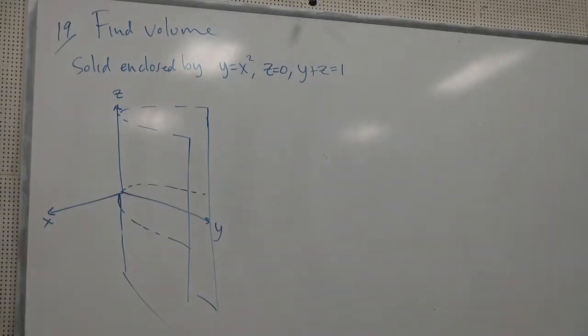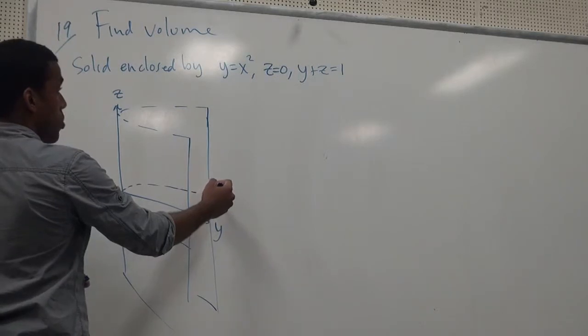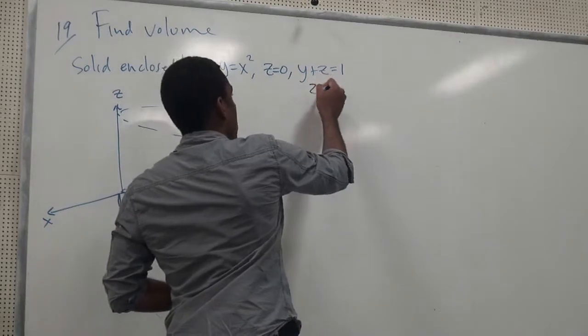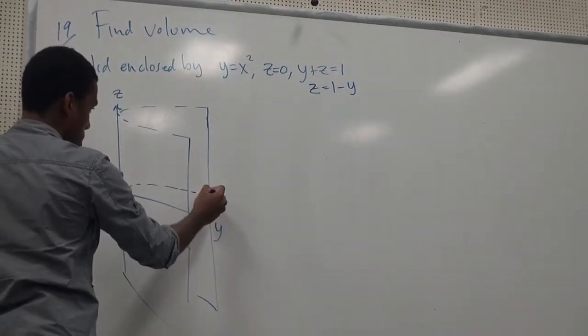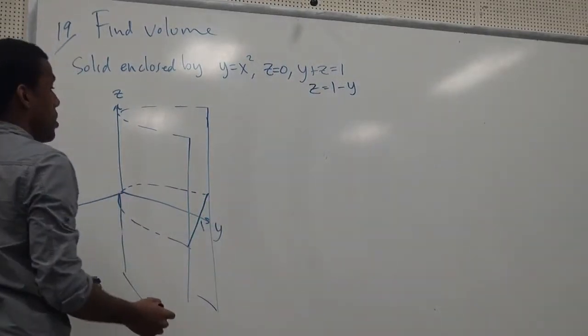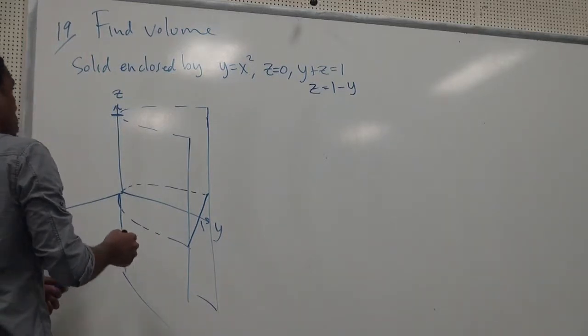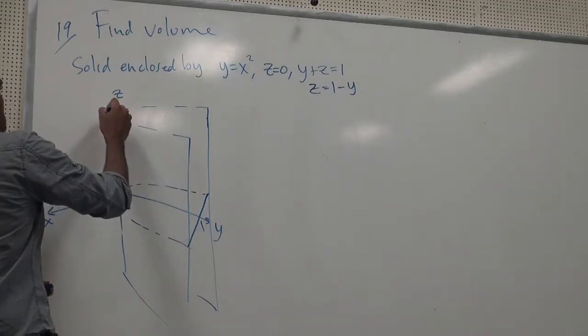Okay, and z equals 0 would be the floor, and z equals 1 minus y, so when y equals 1, that's where it cuts off here. And then it's slanting back. Z equals 1, y equals 0.